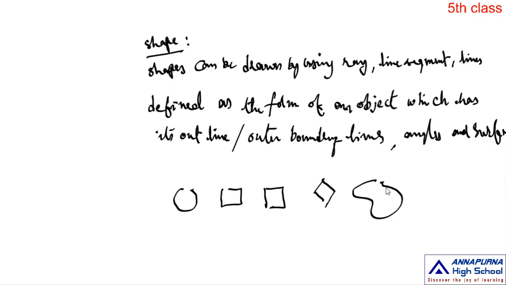Here the boundaries are opened. This is the boundary of the figure and this is another boundary of the figure. If you take this figure, this is also opened, this is also opened. That means they are not closed.